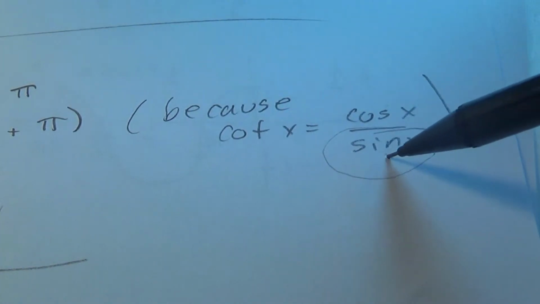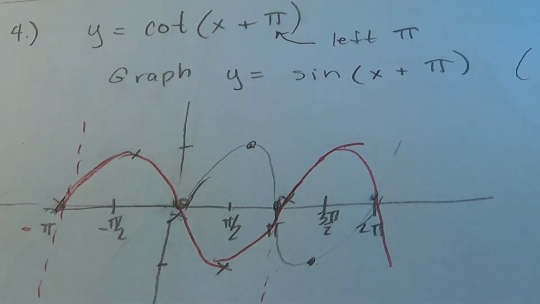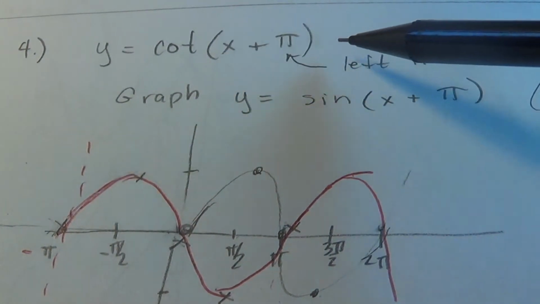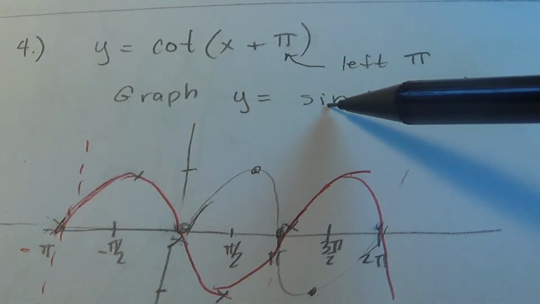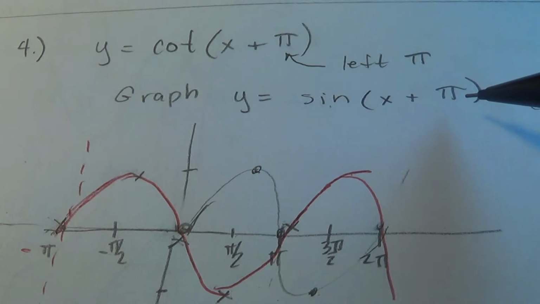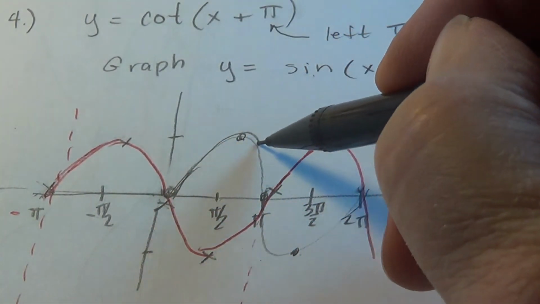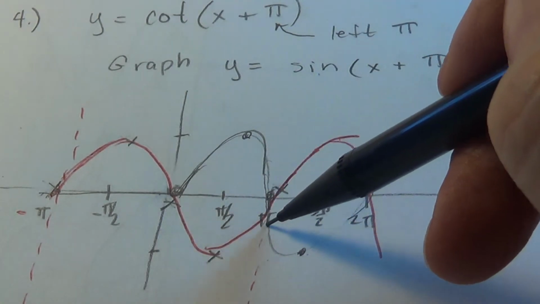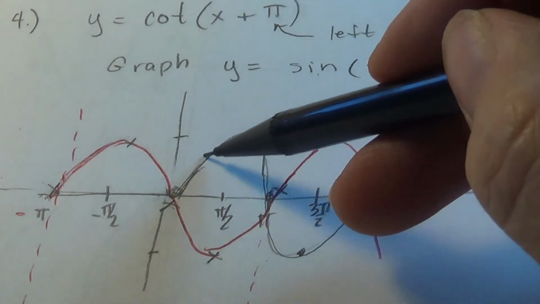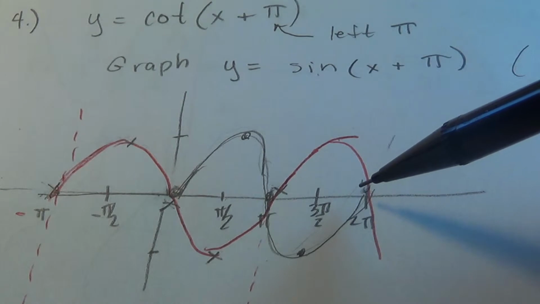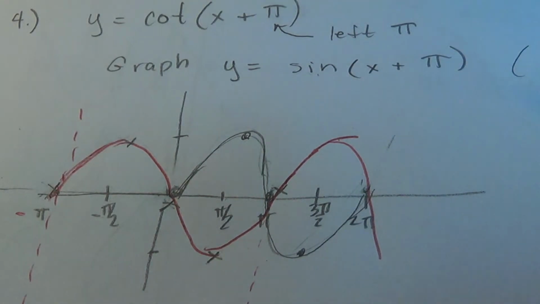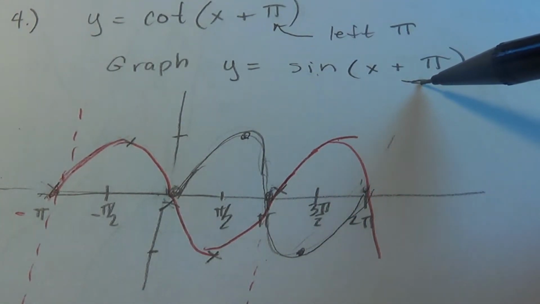So I'm interested in the sine curve, and I'm going to take the same parameters and just change cotangent to sine and graph that first. So you can see in pencil here, I started that curve. The one in pencil is a regular old sine curve, but I have to move it back, or to the left, pi radians.